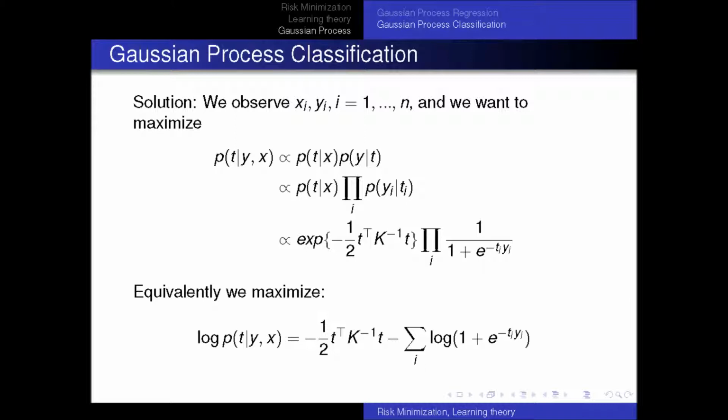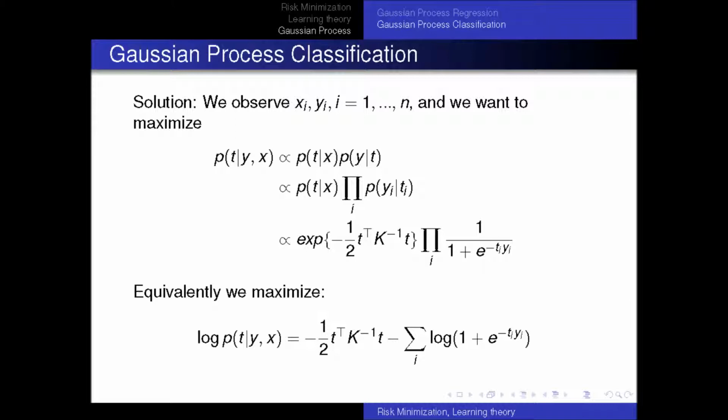Otherwise, I don't add it. So it's equivalent to saying that the noise follows a Gaussian distribution with mean zero, and the variance is a diagonal matrix with sigma n squared all over it. So it's 1 if x equals x prime and 0 otherwise.